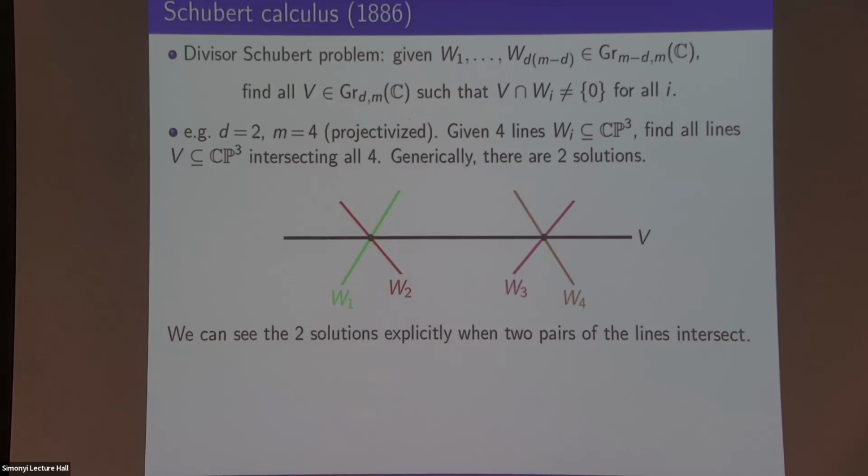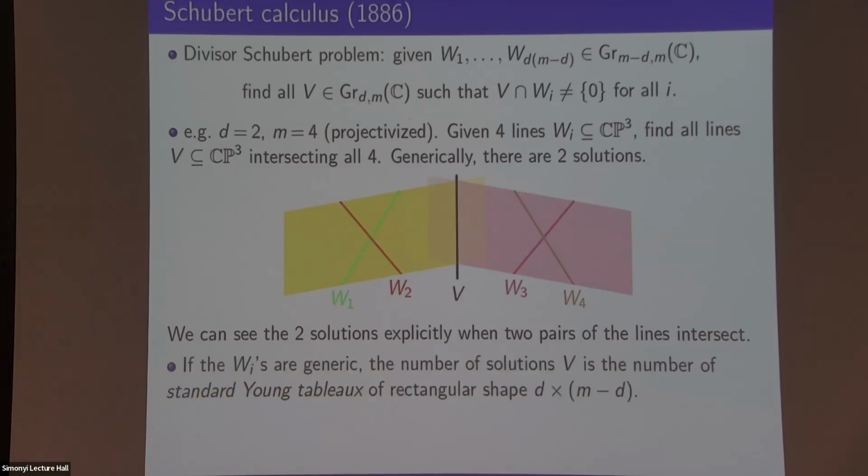So this line is one of them, through the 2 intersection points. What about the other line? Where the planes intersect. Okay, thank you. So each pair of lines spans a plane, and generically 2 planes in a 3-dimensional space will intersect. That's the other solution line.